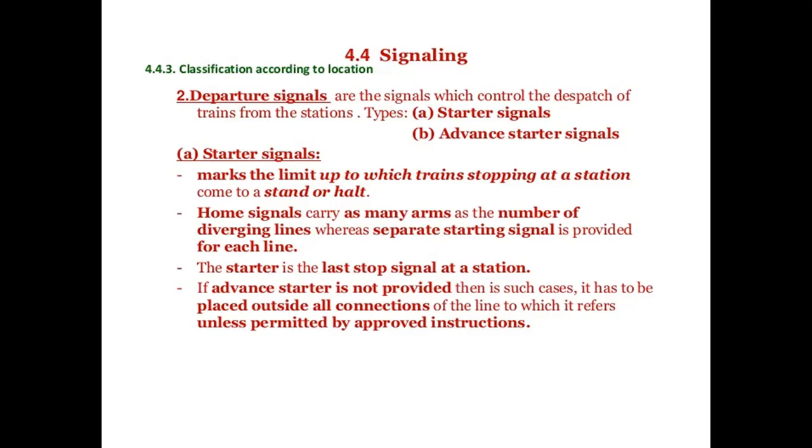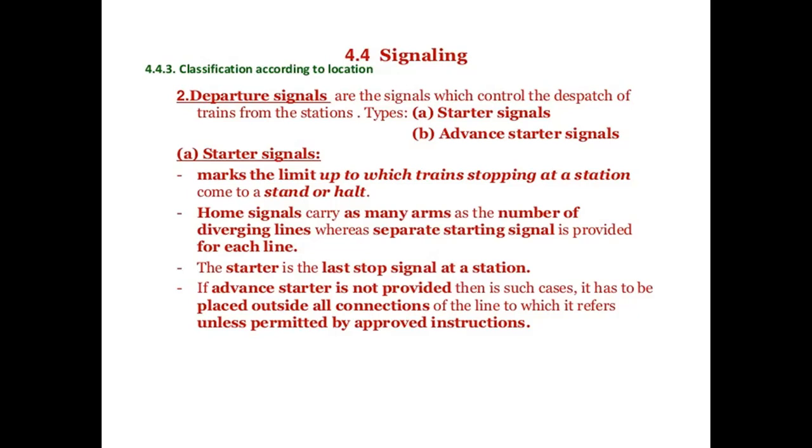The upper arm indicates signaling for the most left track for the train to proceed, and the second arm from the top indicates the second left track, for proceeding or stopping, or proceeding with caution.